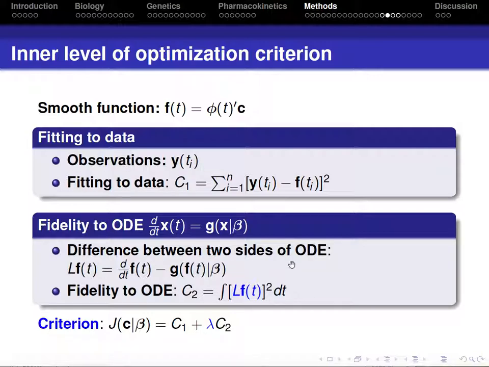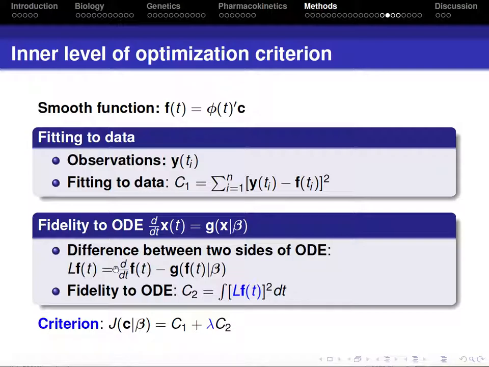And secondly, we also want this f of t to satisfy the ODE as well as possible. So what can we do? Because f of t is a linear combination of the basis functions, we can plug f of t into the ODEs. And we also know that the derivative of f of t is equal to the linear combination of the derivatives of the basis functions.